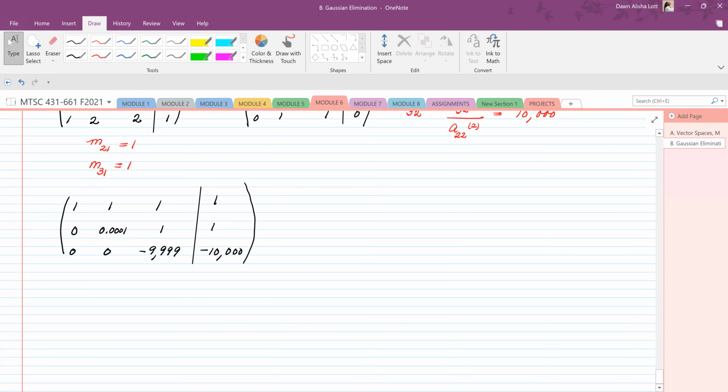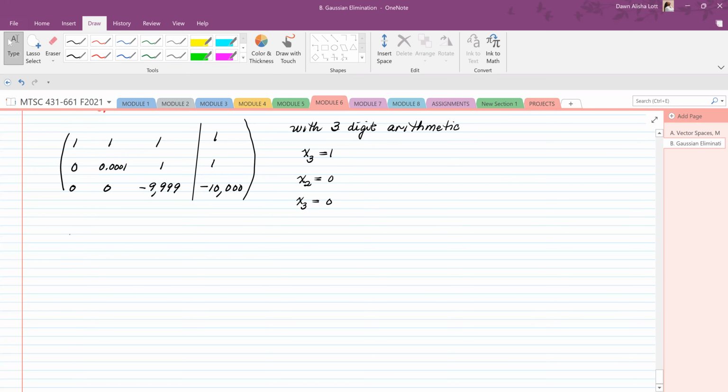Okay. So with 3-digit arithmetic, we get x3 is 1, x2 is equal to 0, and x1 is equal to 0.